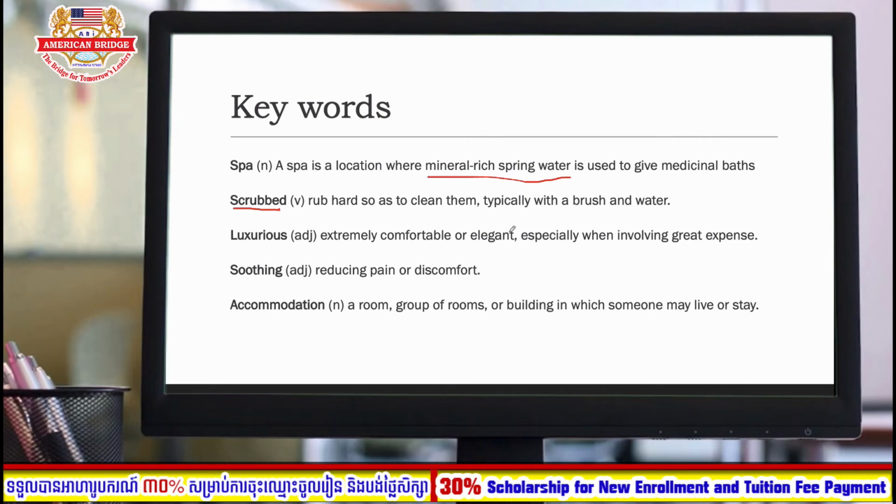For example, let's say a Rolls Royce car. It's very expensive. It's not just a car, but it is a luxurious car. It shows the status or the symbol of success or of high class people in society, right? So the word is luxurious.